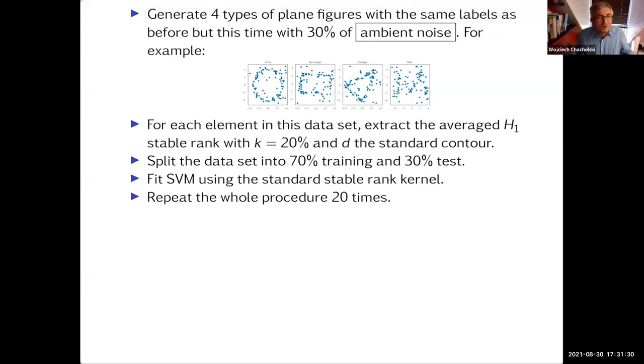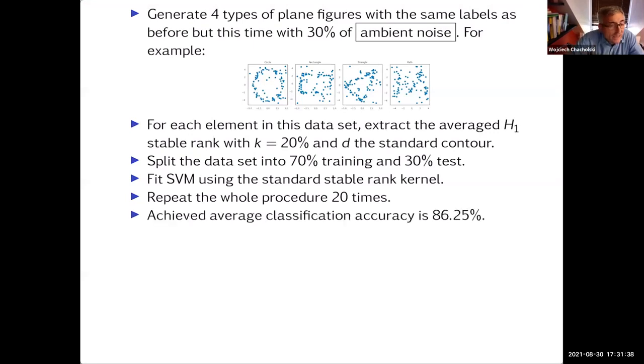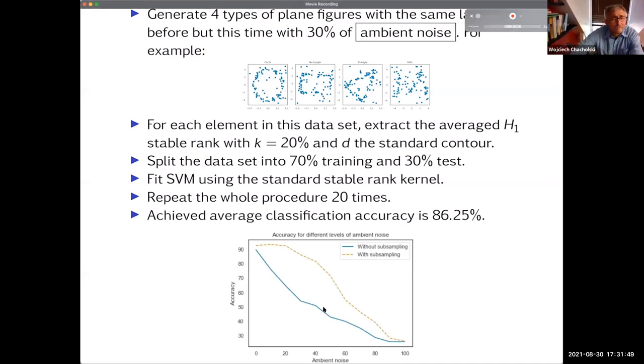I wonder, I should make a poll: what do you think the average accuracy will be? I added 30% of noise. The average classification accuracy is 86%. It's very, very high. In fact, if you perform the same experiment but start adding more noise, the x-axis is the percentage of noise.